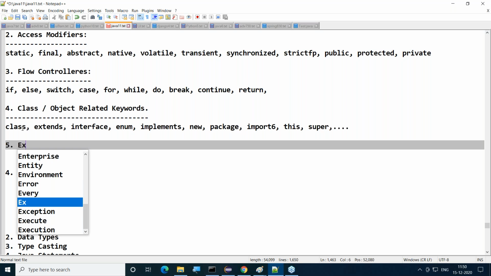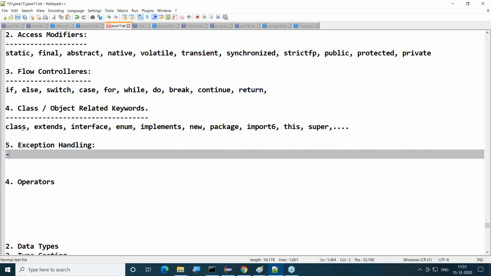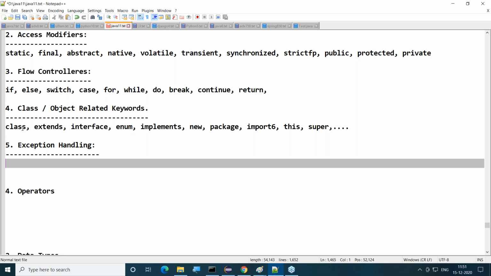The next one is exception handling related things. In exception handling also we have a number of keywords. What are the various keywords that exist here? Exception handling.